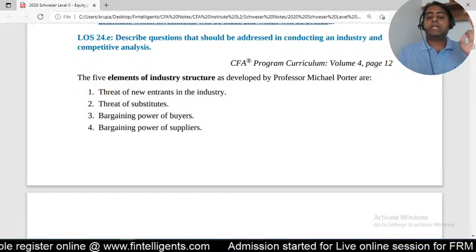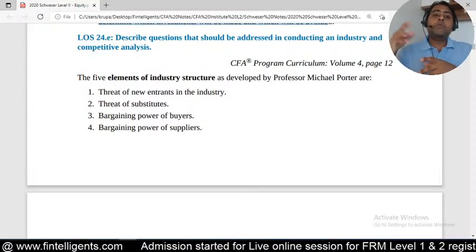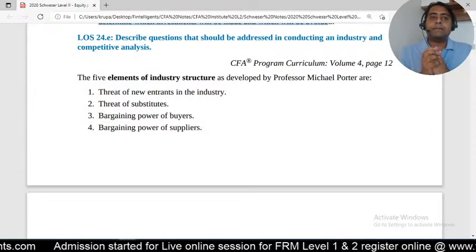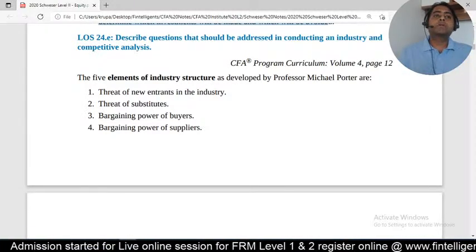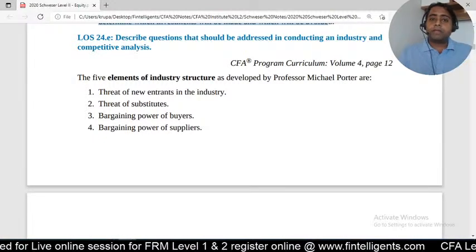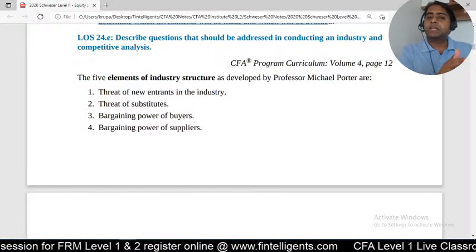Look at the first point, threat of new entrants. Suppose you are in an industry where the entry is very easy. For example, starting a telecom company, the entry is not very easy. But if you wish to start a normal retail store in India, it is very easy to start.